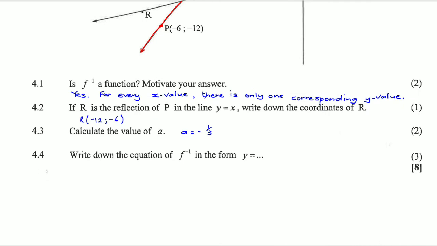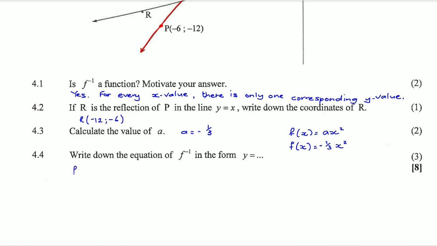In part 4.4, we need to write down the equation of f inverse in the form y is equal to something. f of x is equal to ax squared. And we know from part 4.3 that a is equal to minus 1/3. So f of x is equal to minus 1/3 x squared.